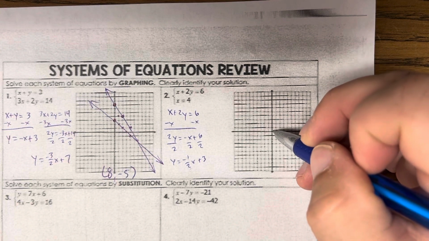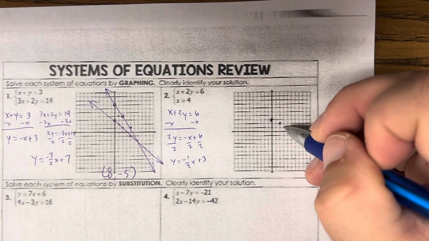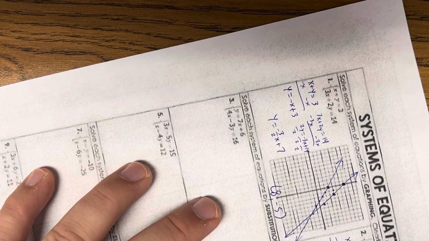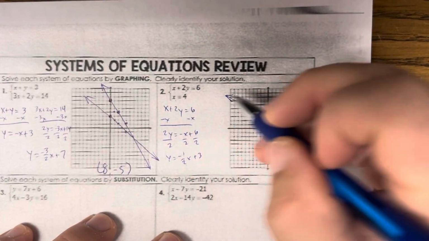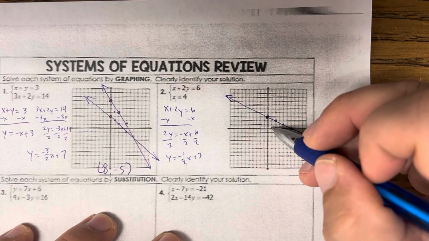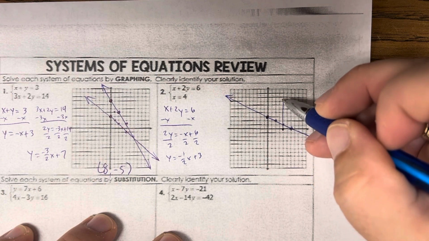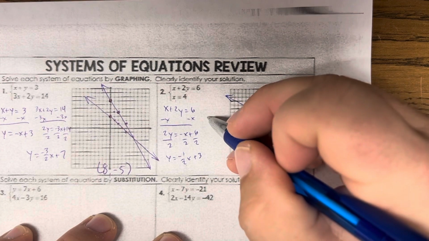And so we'll start at 3, 1, 2, 3, and go down 1, right 2, down 1, right 2, down 1, right 2. And for another one, x equals 4. And so that's just 1, 2, 3, 4, where x equals 4. And it's that vertical line where x equals 4. So for this one, they intersect, it looks like (4, 1).